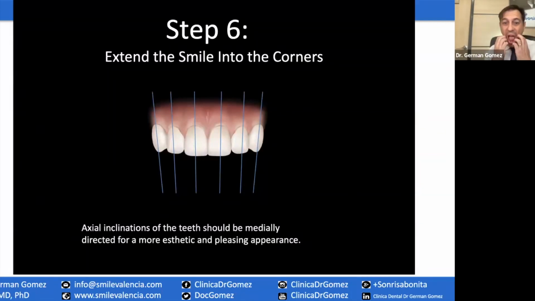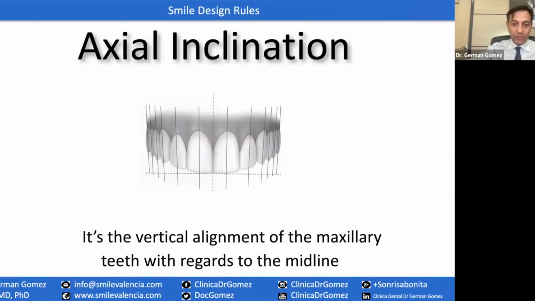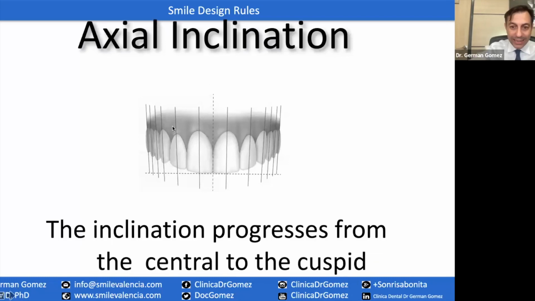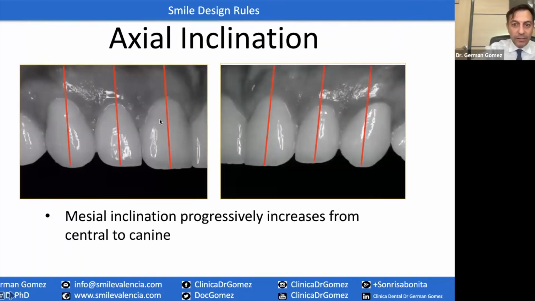Into the corner. So one of the things is the axial inclination. The axial inclination is the vertical alignment of the maxillary teeth. So they are not all straight. They cant a little bit. If you would take this inclination and do the same inclination on the lateral incisor or on the canine, then they would incline like the red line.